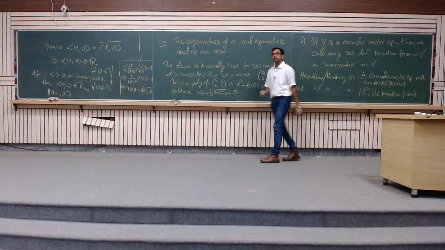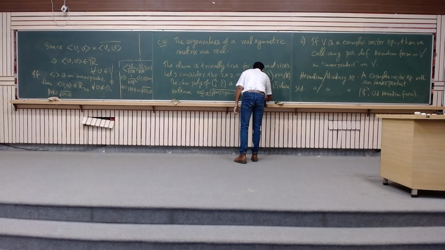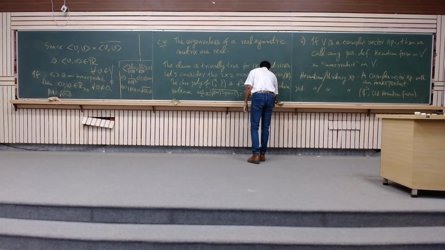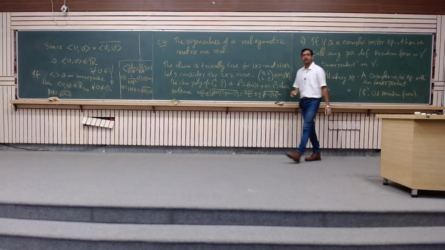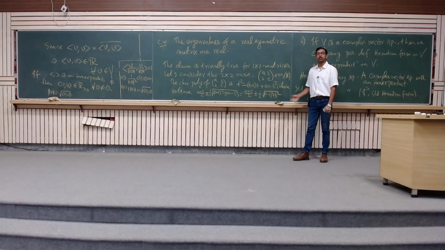This just gives (a plus c) by 2 plus or minus half the root of (a minus c) whole squared plus b squared. In particular, you have a real number in the square root. Both are squares, so this thing is non-negative, and therefore your roots cannot be non-real.